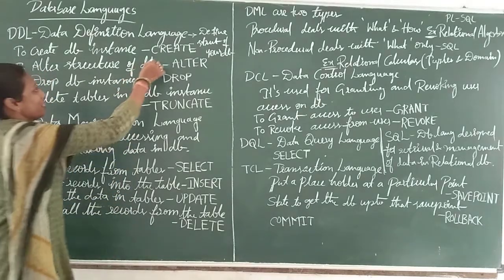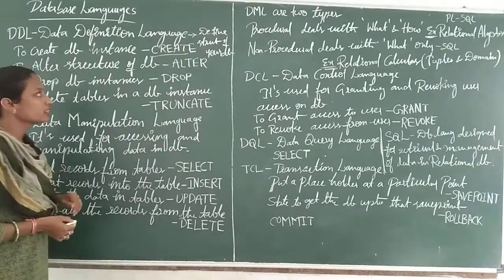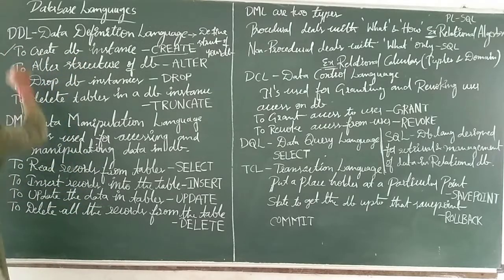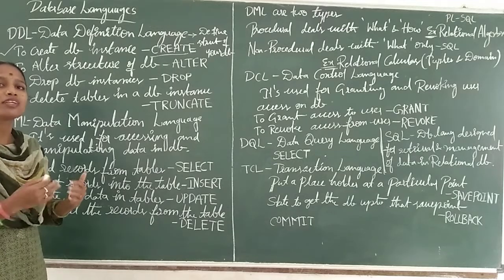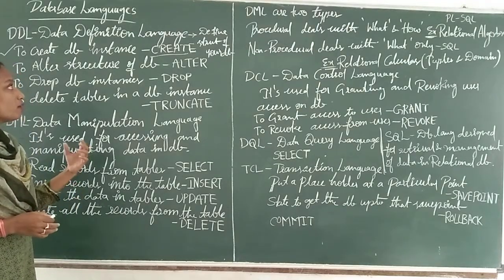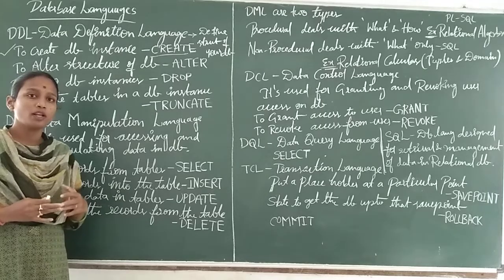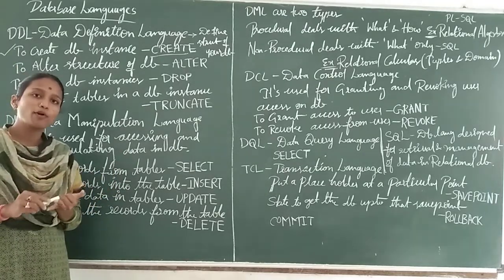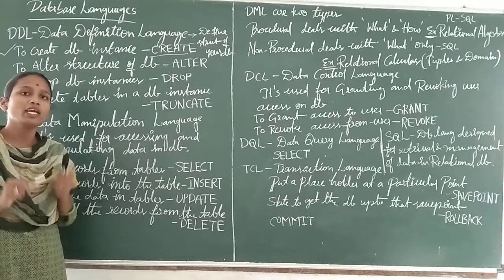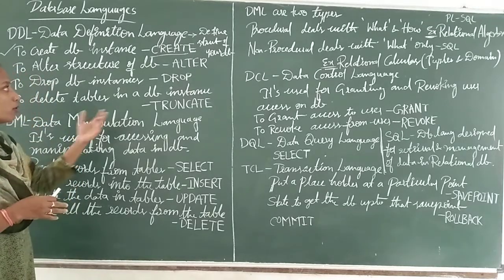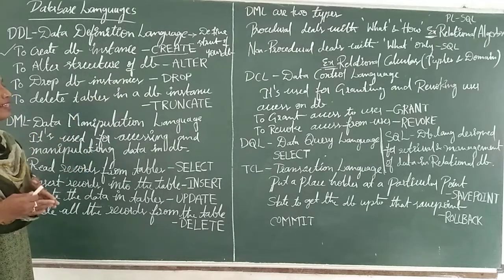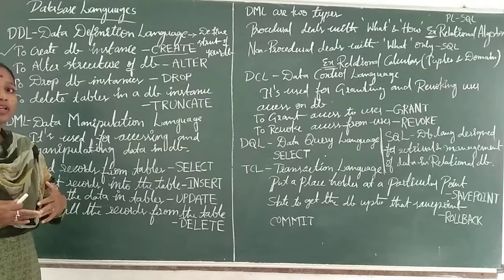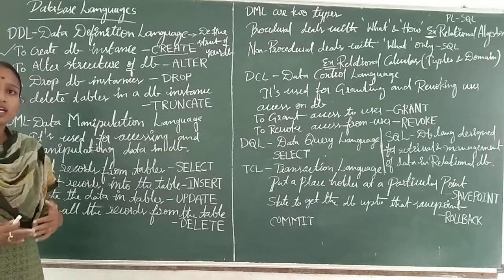What is the create command? Create means to create a database instance. For example, we are creating an employee table: employee name, employee ID, employee phone number and employee address, or more attributes. Before creating the table, we have to know the employee details.